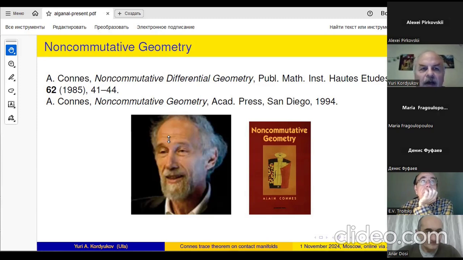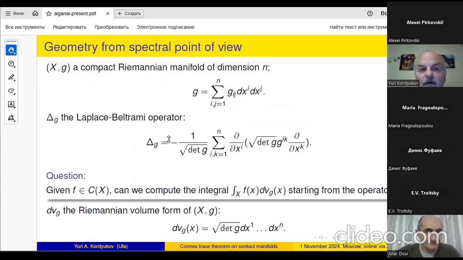So we know that the starting point and one of the basic points of non-commutative geometry is that we try to develop geometry of singular spaces starting from some operators, so just say geometry from the spectral point of view.